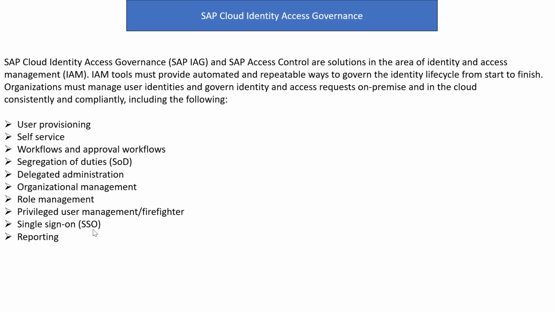In IAM, Identity Access Management, we have two components, IAS and IPS, that we will discuss in more detail with hands-on. So single sign-on will be provided through IAS. And reporting functionalities we have in GRC access control. Here also we have the reporting functionality.